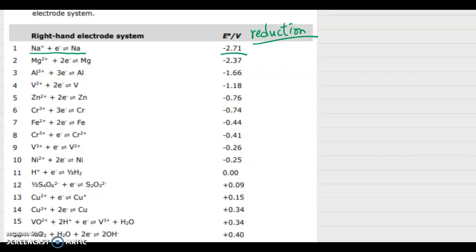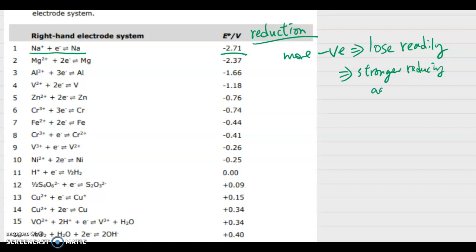The more negative the value, the more readily it loses electrons, which means it is a stronger reducing agent. So when we look at this table, the more negative is the stronger reducing agent.